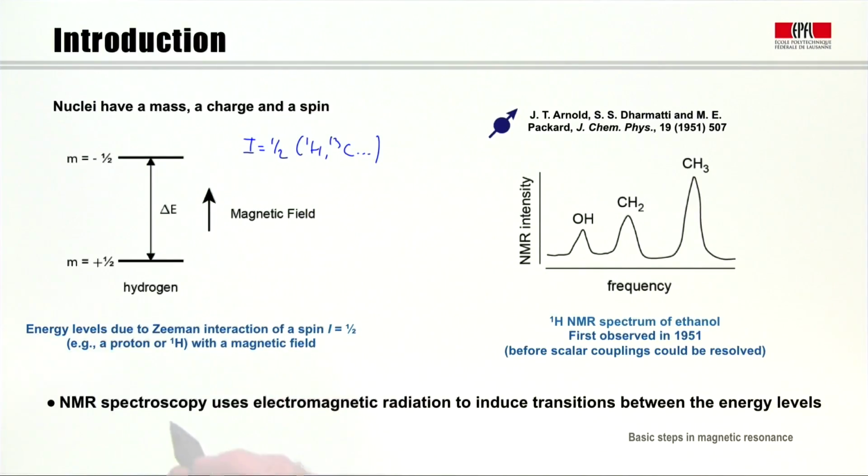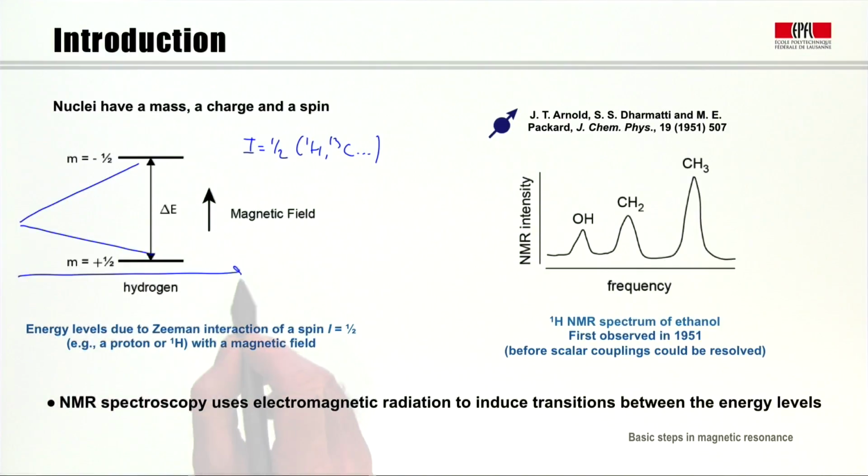And it turns out that if that is the case, their magnetic quantum numbers can only have two values, namely m = +1/2 or m = -1/2. And in a magnetic field, if the sample is immersed in a magnetic field, there is a splitting between these two levels called the Zeeman splitting. And this Zeeman splitting, as it turns out, is proportional to the magnetic field that we apply.